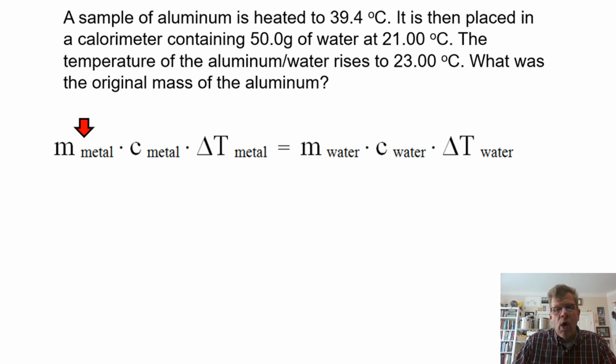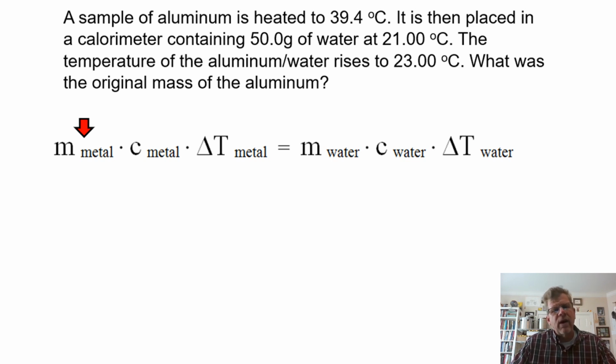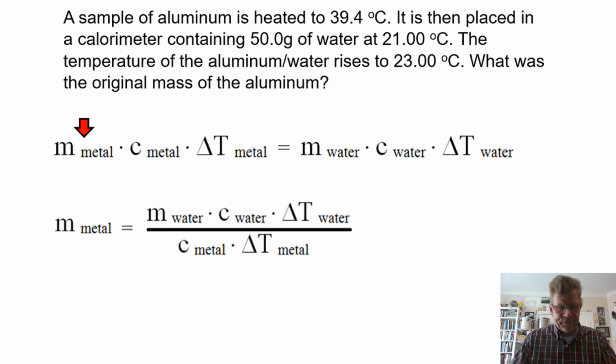That means all 5 of these others are readily calculable or look-up-able, but they are available to us. So if we're solving for the mass of the metal, we can rearrange the rest of these terms such that it puts the mass of the metal all by itself algebraically on one side of the equation.